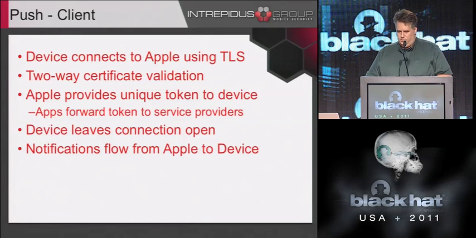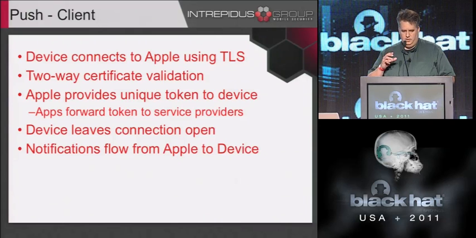So to talk about the push protocol, this was actually the first thing we started looking into, and it's kind of interesting the way that they've got it. The device, when it powers up, finds an internet connection and says, okay, I'm connected, I can do things. It makes a connection out to Apple, and it's using TLS, and it's using certificate validation at both ends.